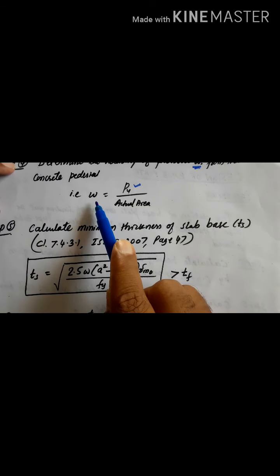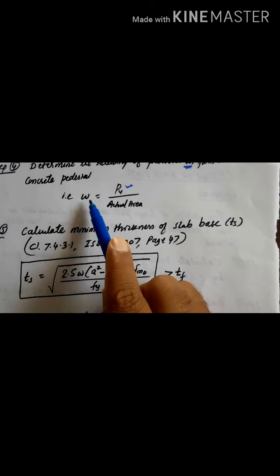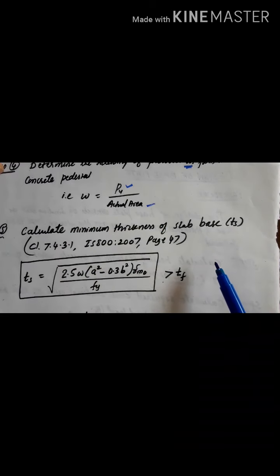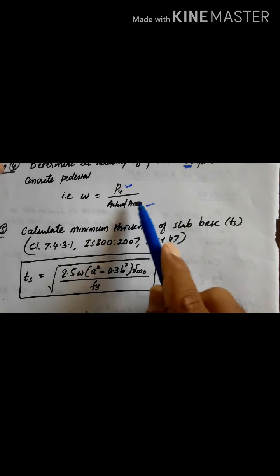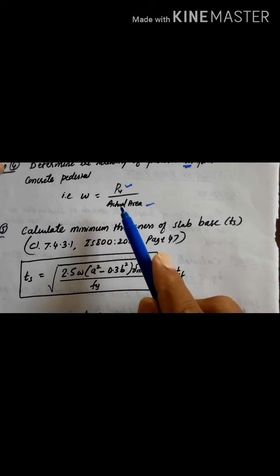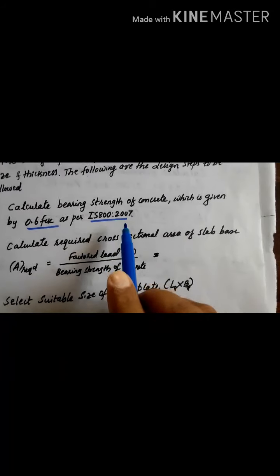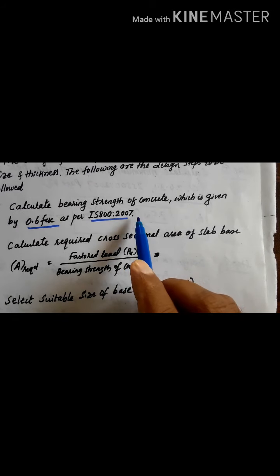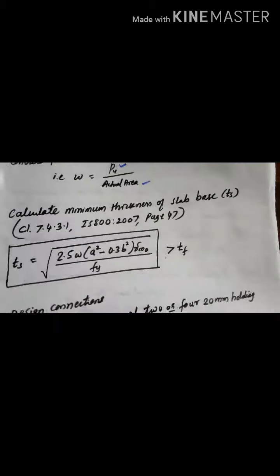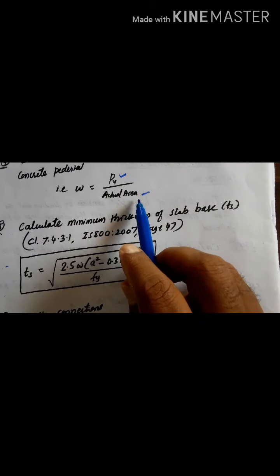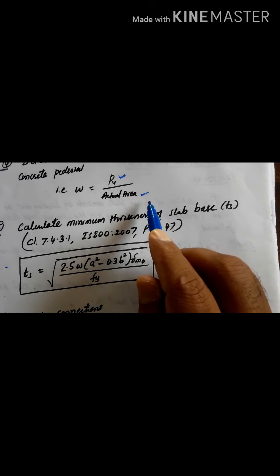This should be less than the permissible, then only it is safe. Otherwise you have to revise the area of the base plate. Whatever bearing strength you calculated in the earlier step, you have to compare with this one, and the intensity of pressure should be less.